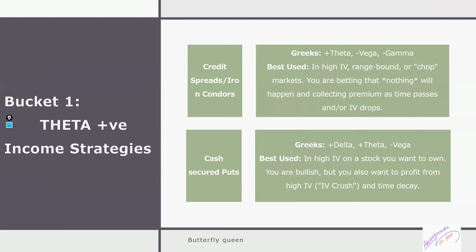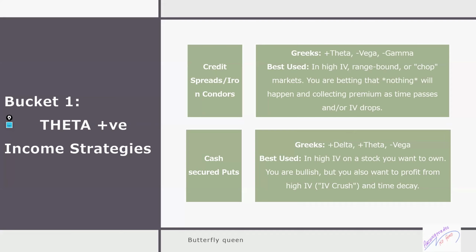If I'm directional, I have to be right. But if I am selling a credit spread or doing an iron condor, then I don't have to be wrong, which means it can go sideways, it can go up a bit, it can go down a bit. I just don't have to be wrong bigly.